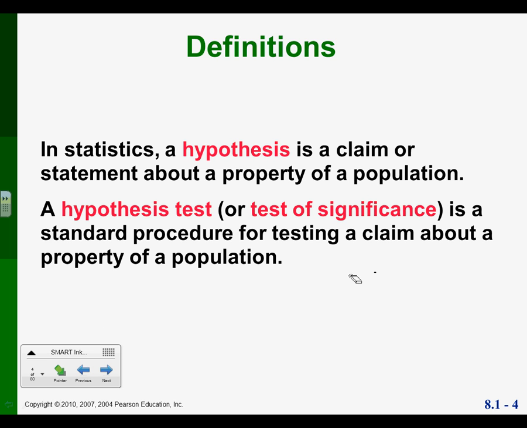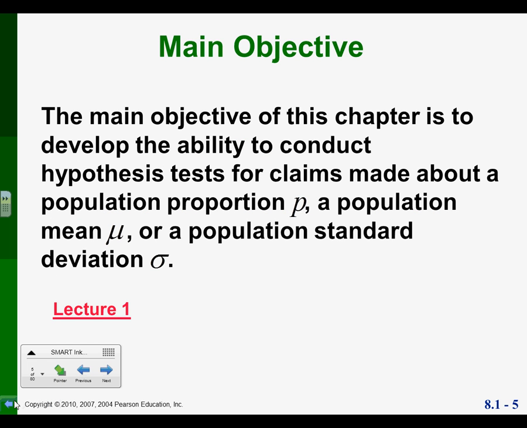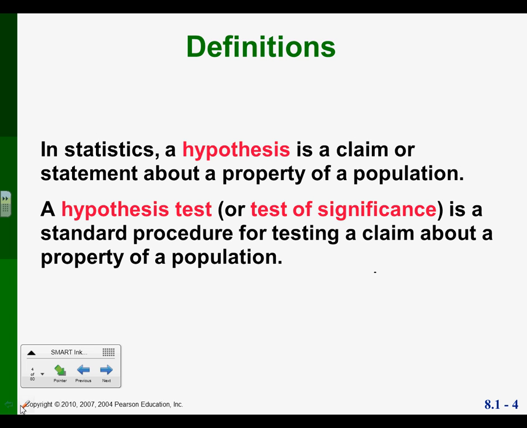What were the 3 things we tested back there? What was p-hat? You know what p-hat stood for? It was the best point estimate of what? Population. That was X bar.